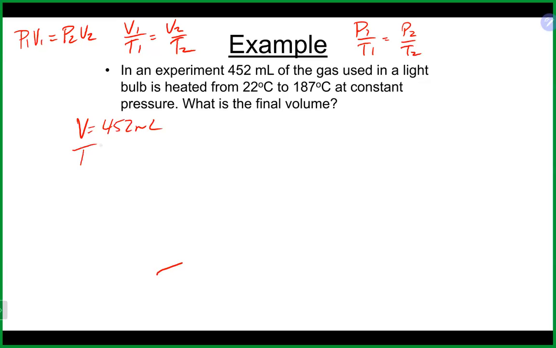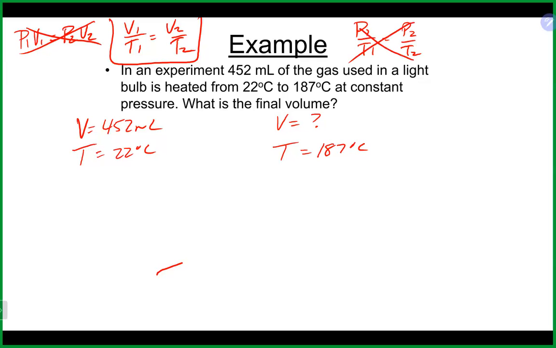We have a temperature that is 22 degrees Celsius to another temperature that's 187 degrees Celsius, and we are looking for a volume here. So by just labeling everything, it really should point you here, as clearly there's no pressure involved in this one. So again, you could hopefully find the right equation pretty easily.